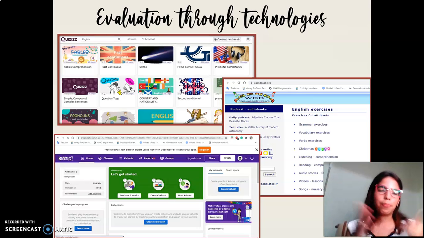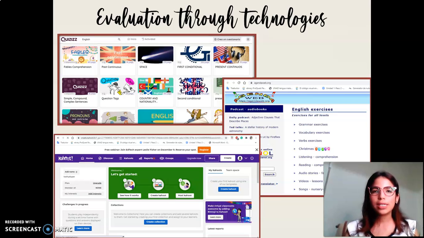These pages, such as quizzes and Kahoot, are so interesting because they contain a lot of images and a lot of dynamic aspects that make the information visually appealing for them.